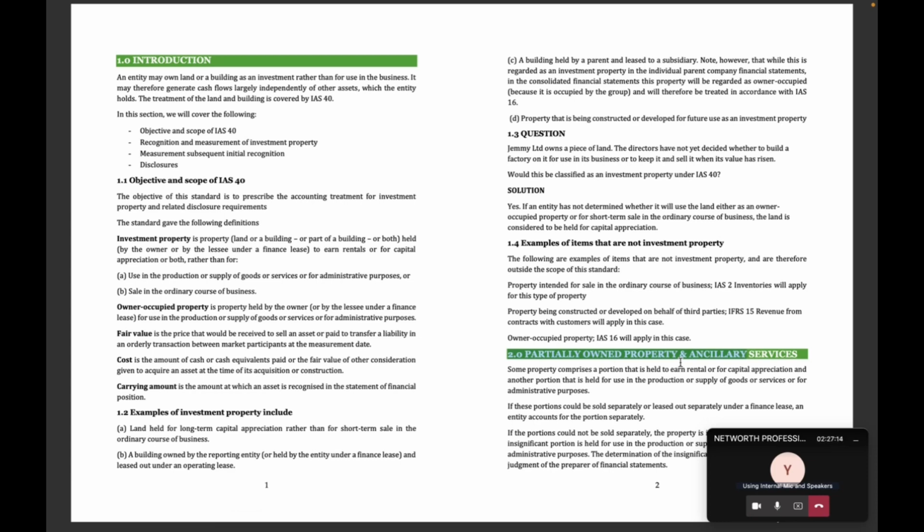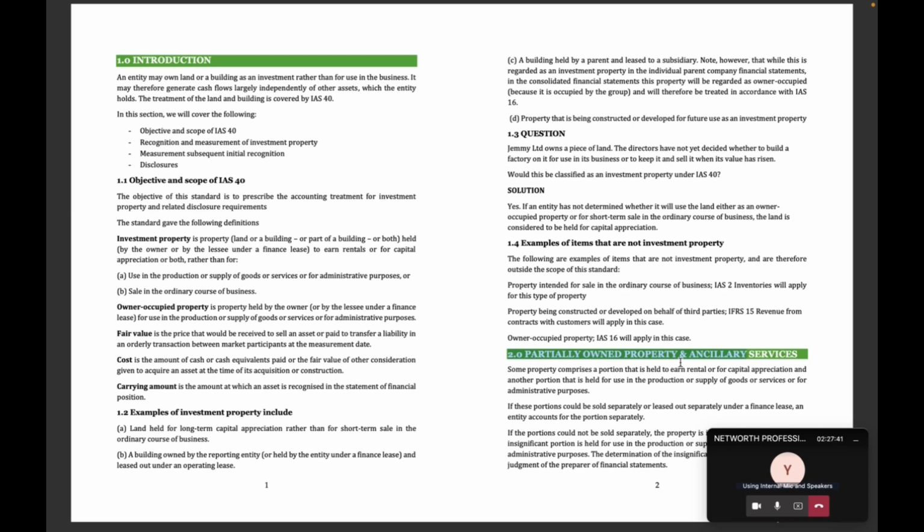However, if you cannot sell it separately, that's the main thing, whether the portion you are using or the portion you are letting out, then the determining factor will be the significance of use.